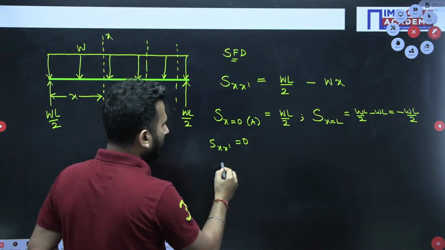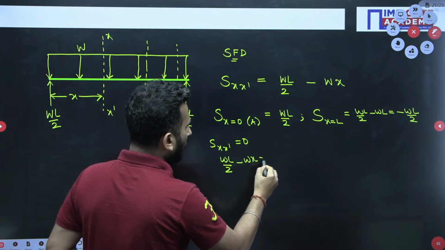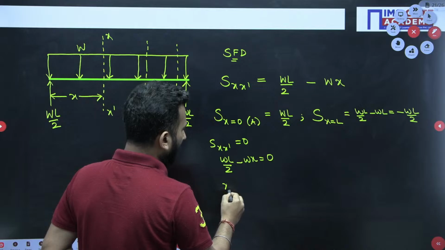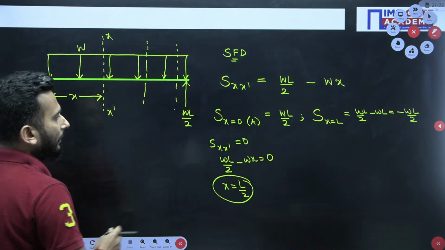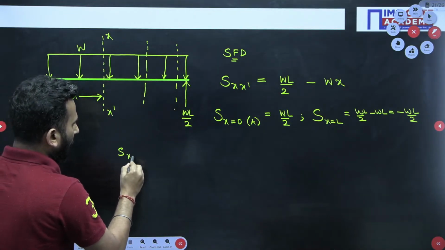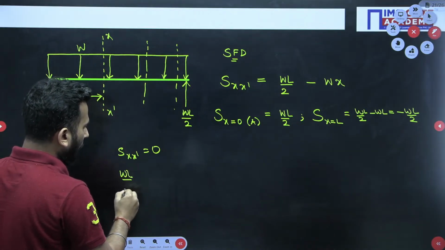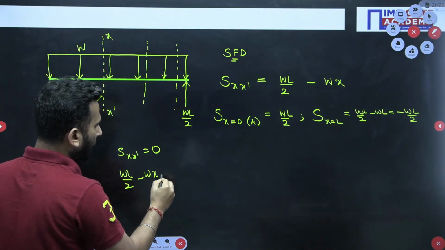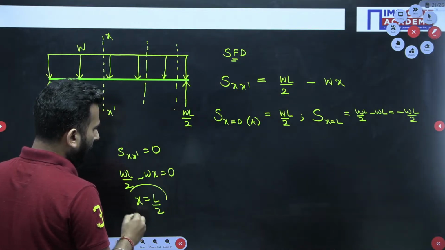If you simplify, you will be getting that at x equal to L by 2, it is becoming 0. You simply equate it to 0, so this is becoming 0 at x equal to L by 2.